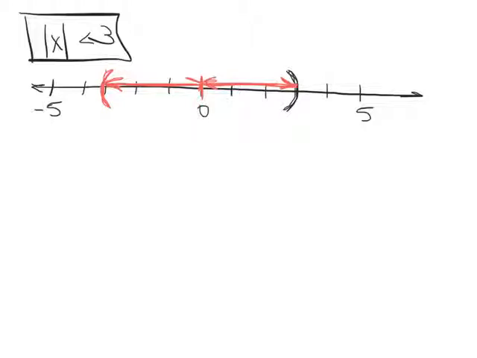My distance from 0 can either be 3 this way or 3 this way. So what does that tell me about my x? My x is going to be somewhere in here, so I could write it as -3 is less than x, which is less than +3. So my x is somewhere in between there.